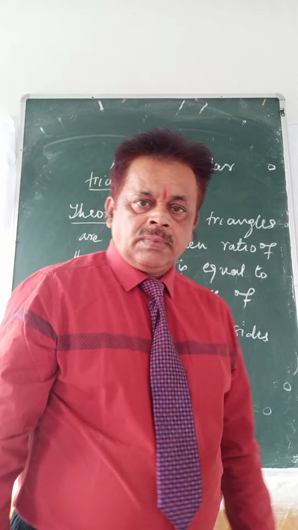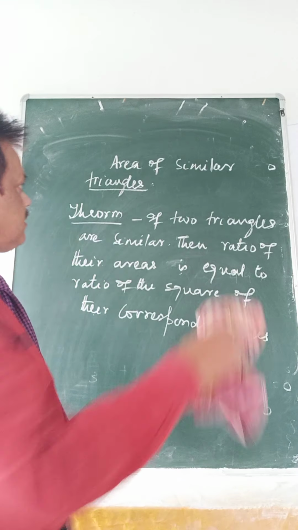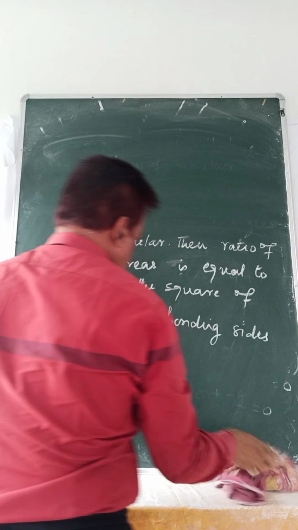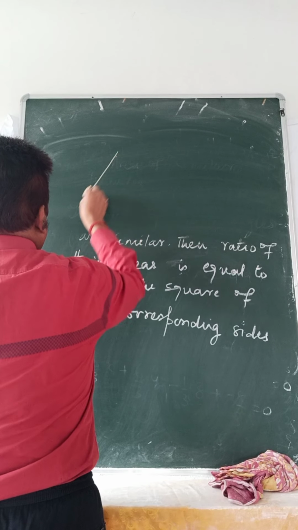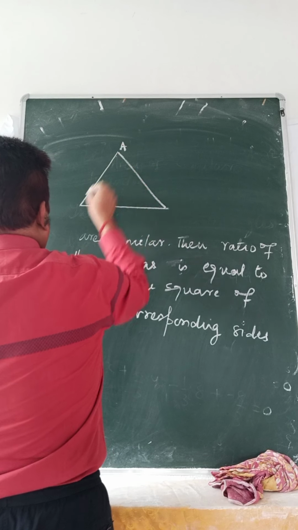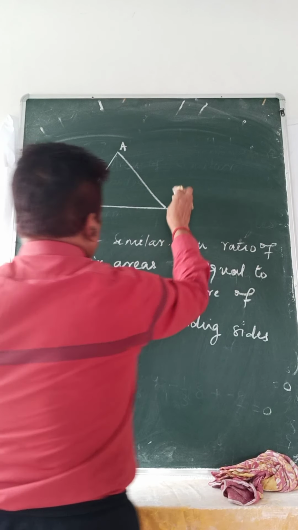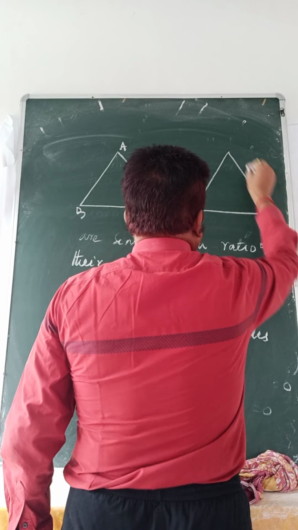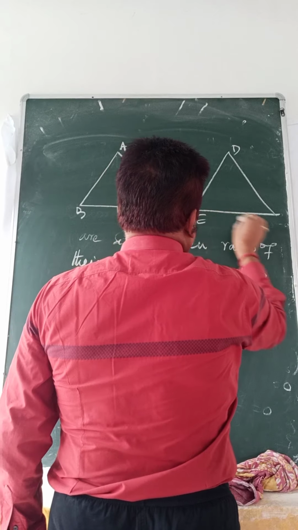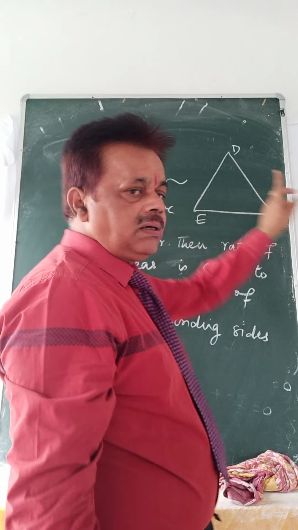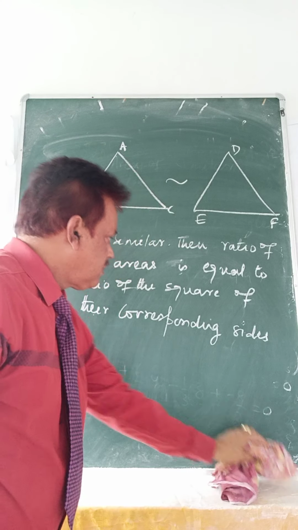Okay, so you can see here two triangles are similar. ABC triangle similar to DEF triangle.